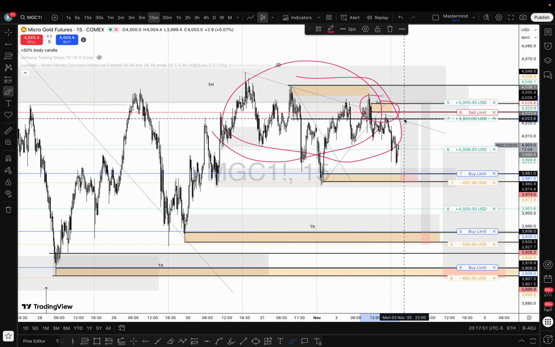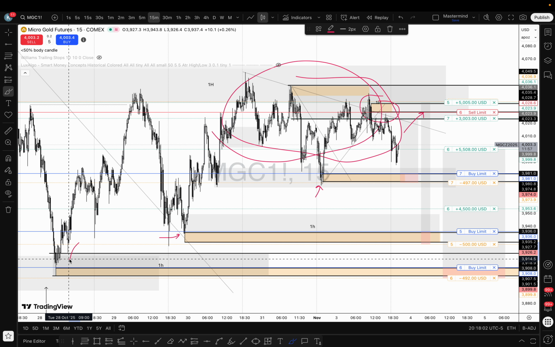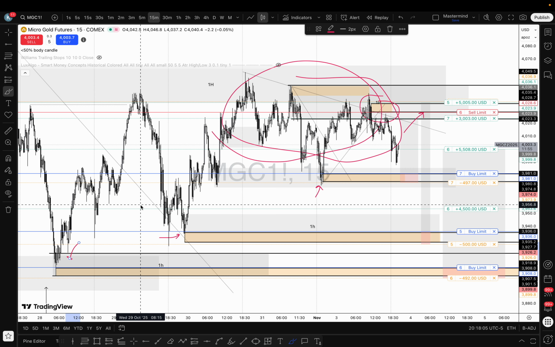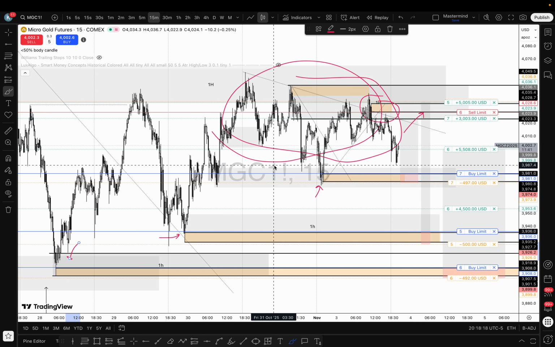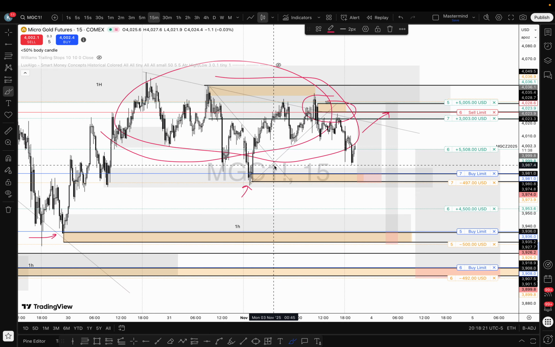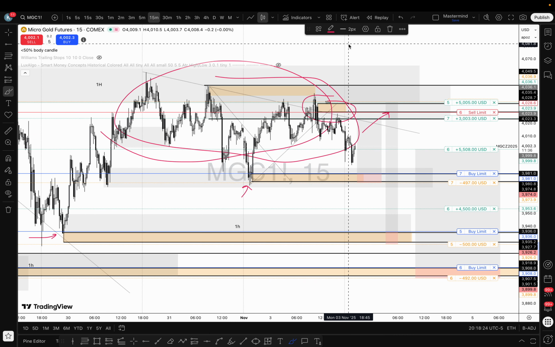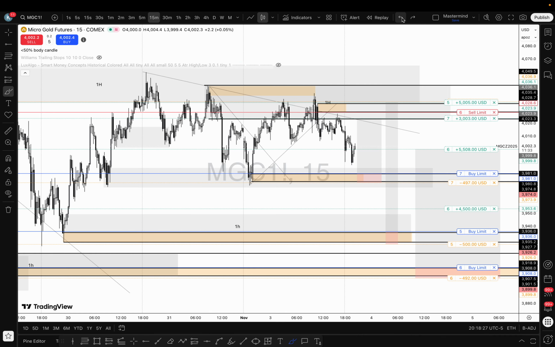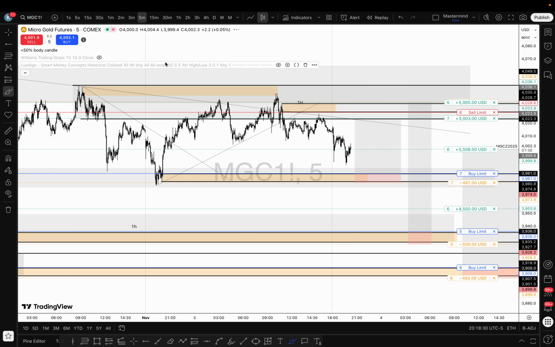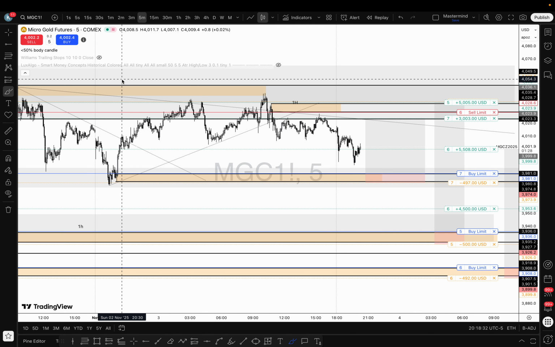So this sell compared to these buys would be lower odds, especially if the market taps into the zone before retracing back into the zone, right? But it's just 1 hour. We'll leave it, see how it plays out.